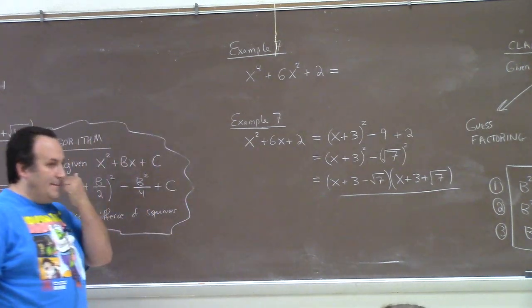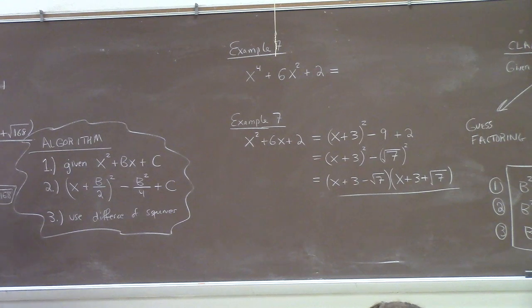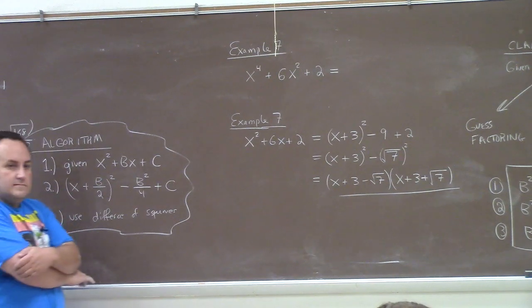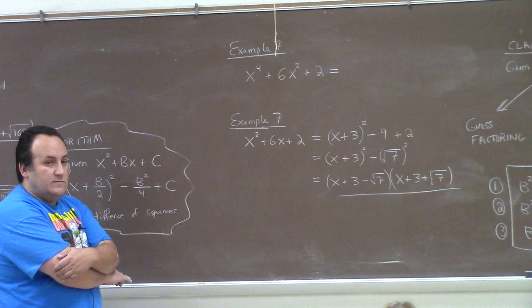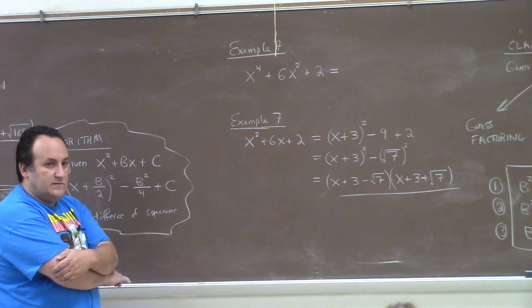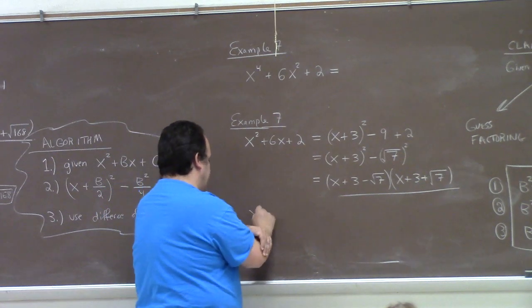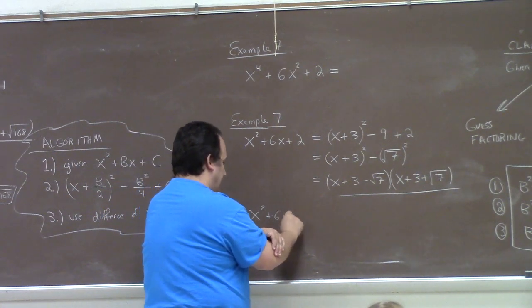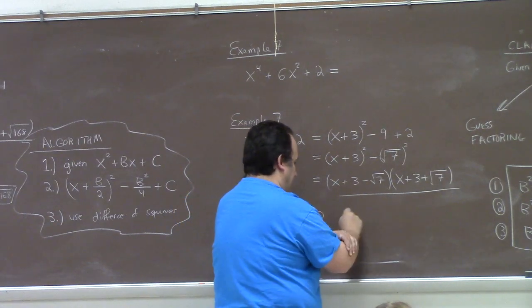So if you wanted to solve the equation x squared plus 6x plus 2, what would the solutions be? Is there something you disagree with, Kennedy? Does that make sense? Can you tell me what the solutions are just from looking at what's here?